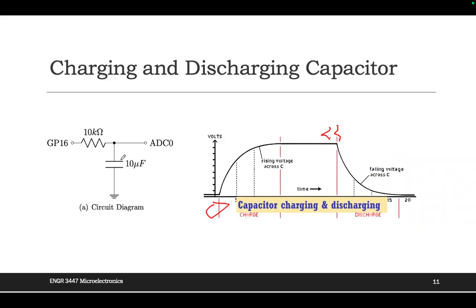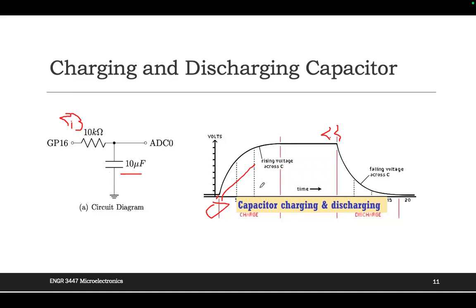So if this is 3.3, am I right? Actually, when you set this to 3.3, this capacitor will be charged, and the voltage stored in this capacitor goes from 0 to 3.3, to a stable voltage.